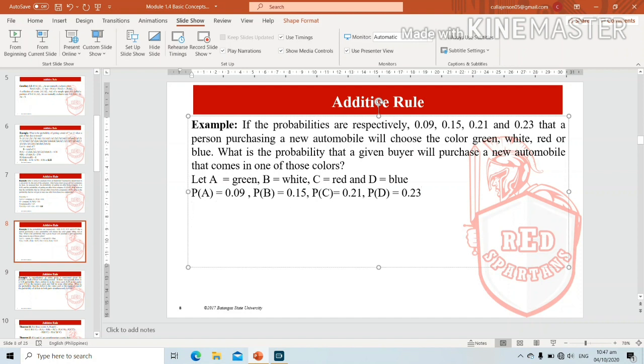Then, kunin lang natin probability ng A union B union C union D, or pwede naman tong A sub 1, A sub 2, A sub 3, and A sub 4. Yung ating corollary, 2.2. Pag-a-addin lang natin yung probability. 0.09, 0.15, 0.21, and 0.23. Then, yung answer natin is 0.68.